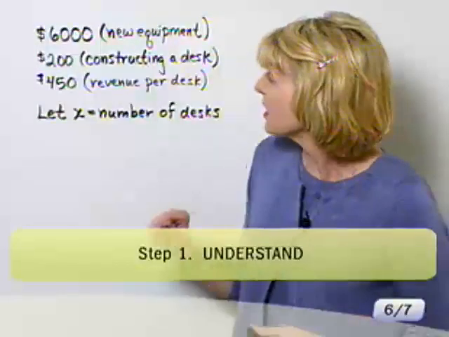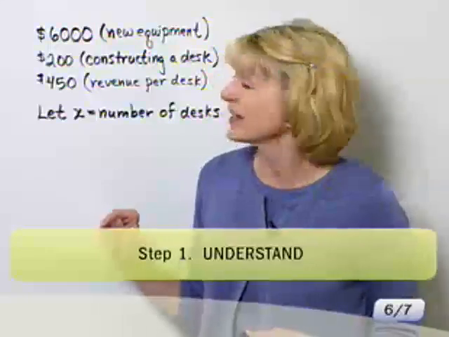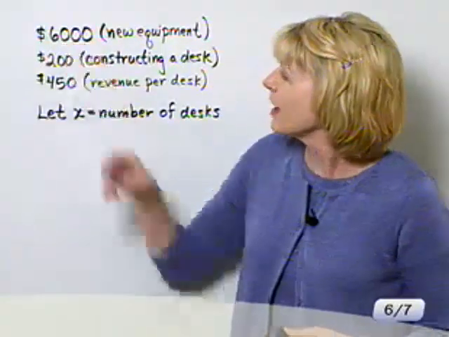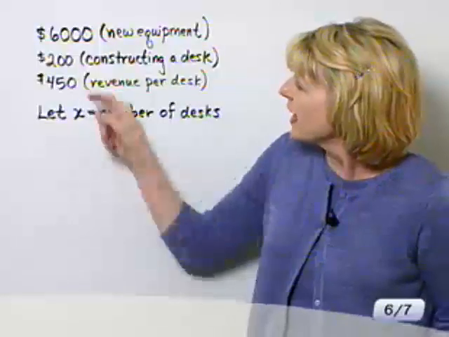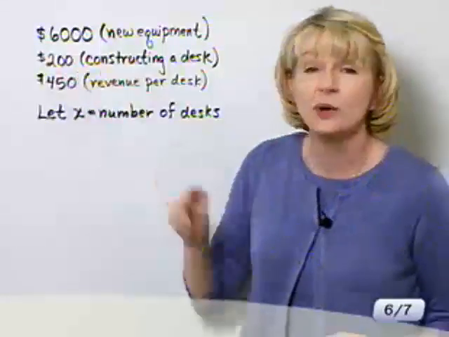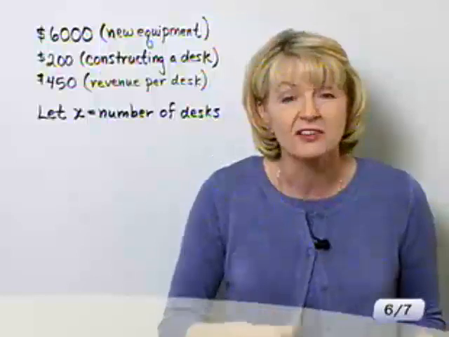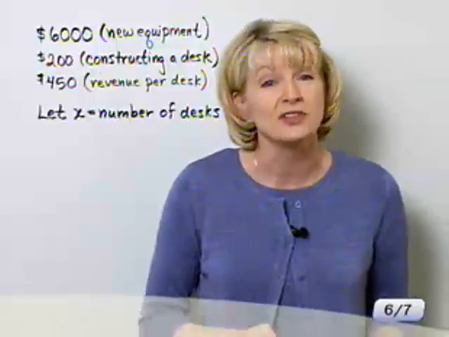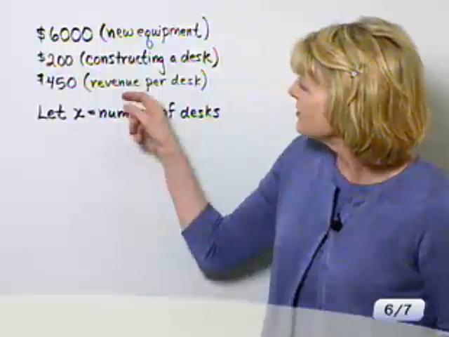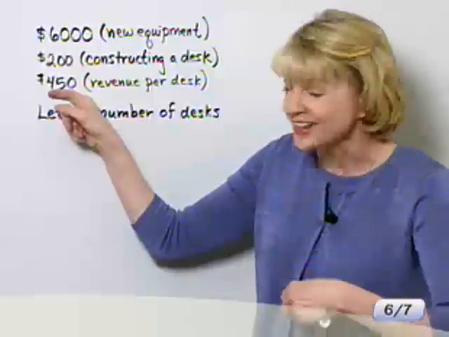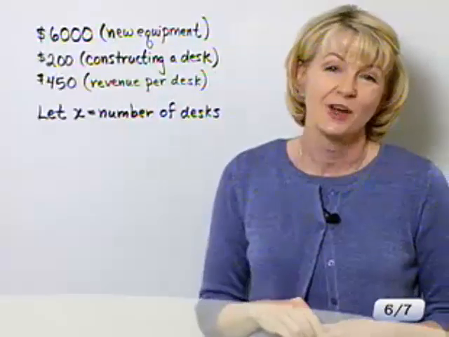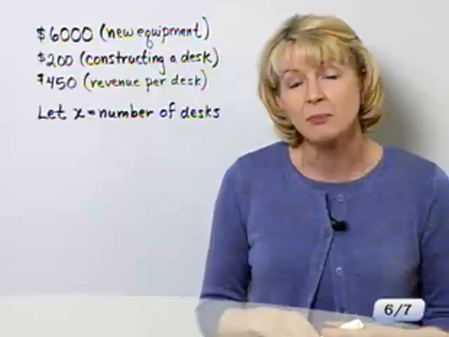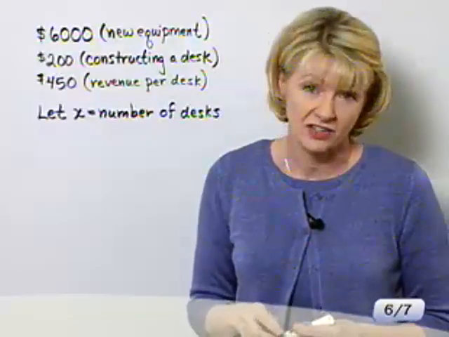So I've written down a few facts from the application. $6,000 is a one-time purchase of new equipment, and then an ongoing cost is $200 per desk to construct the desks. Then they figure they can bring in $450 of revenue per desk. What I'd like to do first is come up with the revenue function.